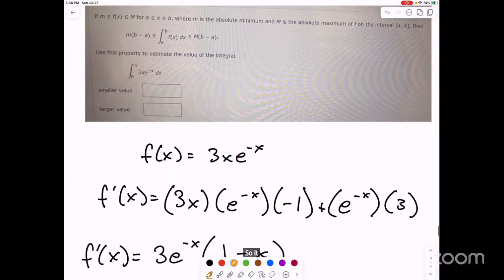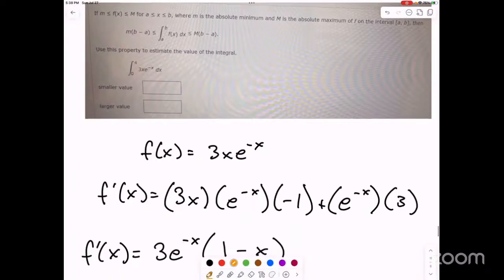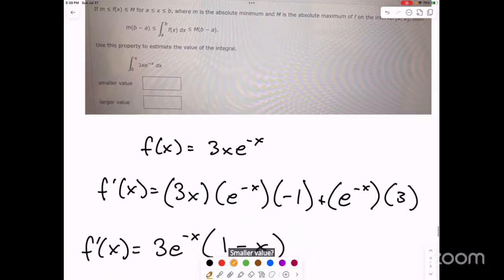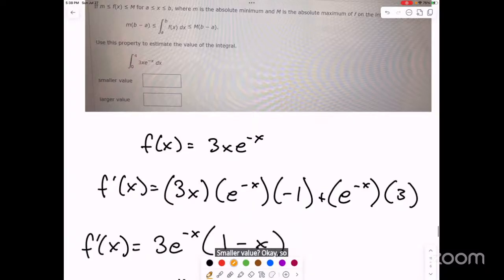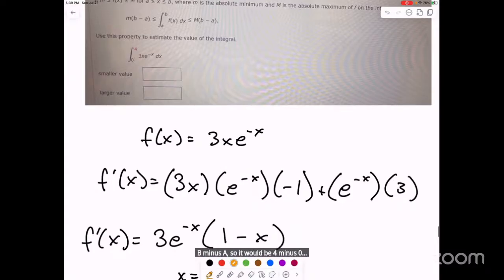So it says lowercase m is the absolute minimum, the smaller value. Okay, so, wait a minute. B minus A, so it would be 4 minus 0 times 0. So the smaller value is 0.